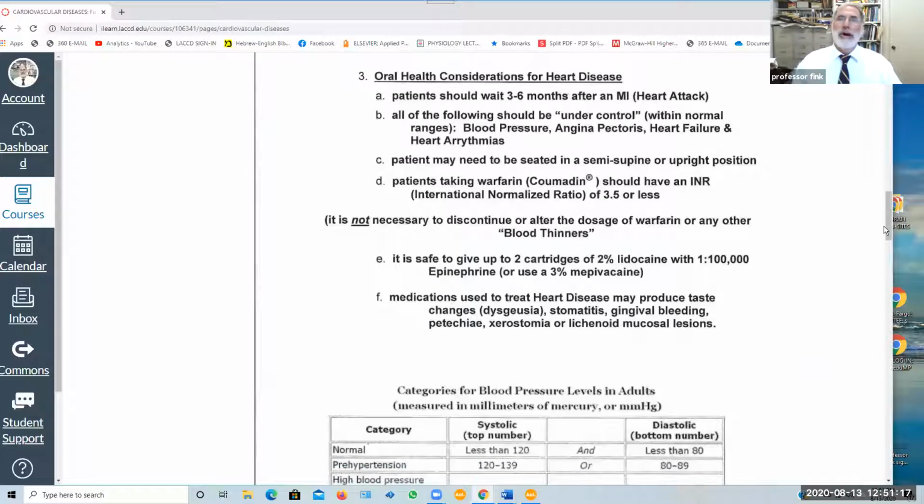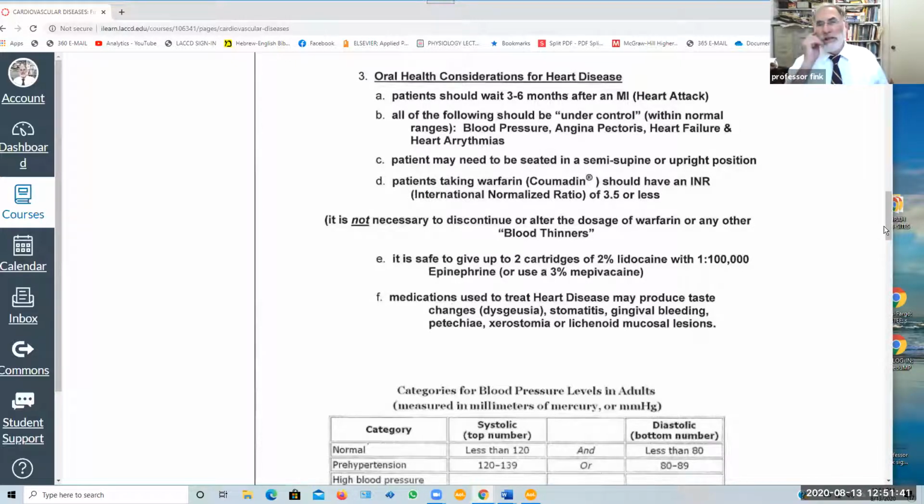Scrolling down, oral health considerations for heart disease. These guidelines, I believe, are consonant with the guidelines that you've heard in your other training courses. A patient should wait 3 to 6 months after they've had a myocardial infarction before seeing the dentist or dental hygienist.